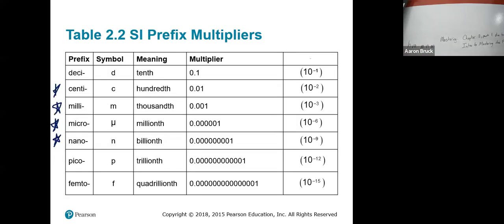And I need to know centi, milli, micro, and nano. Those are the ones I need to know the most urgently. And I also need to know that these are fractions. So a centimeter is 0.01, 1/100th of a meter.